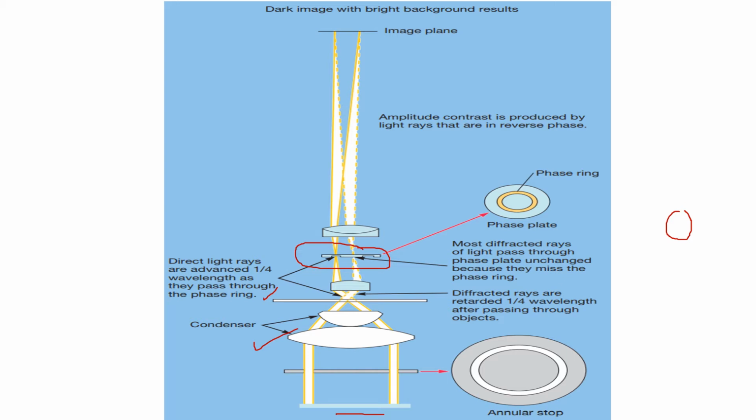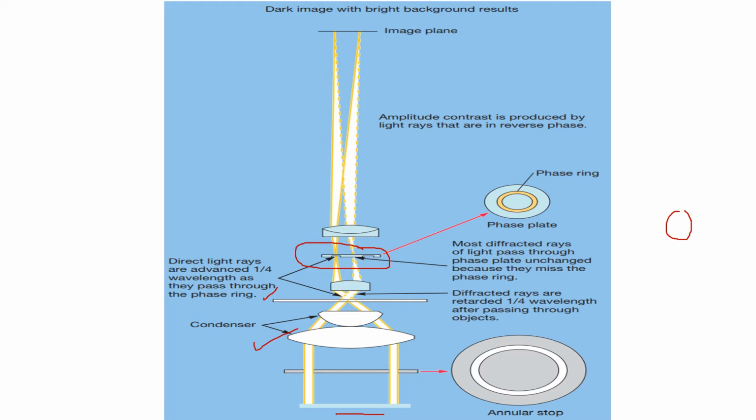The undeviated light rays coming from the field, since they are not deviated, pass directly through the phase ring, which is an optical disc, so it advances those light rays by one fourth of the wavelength.